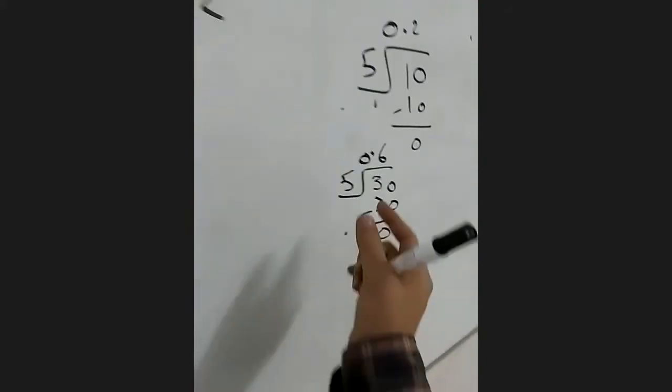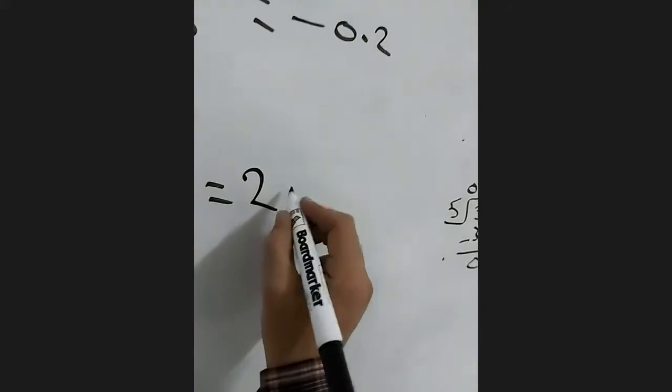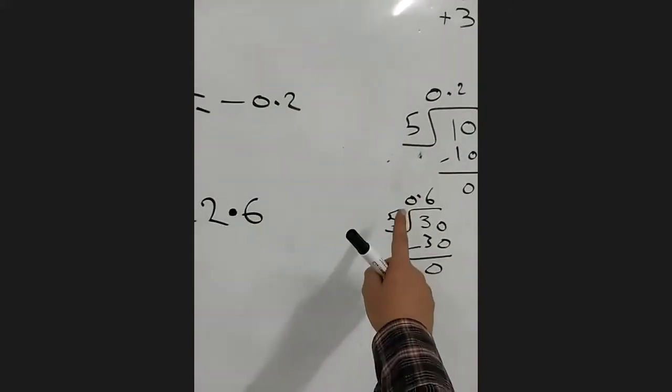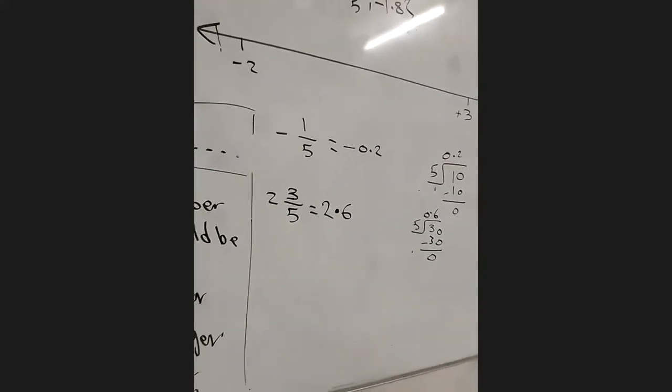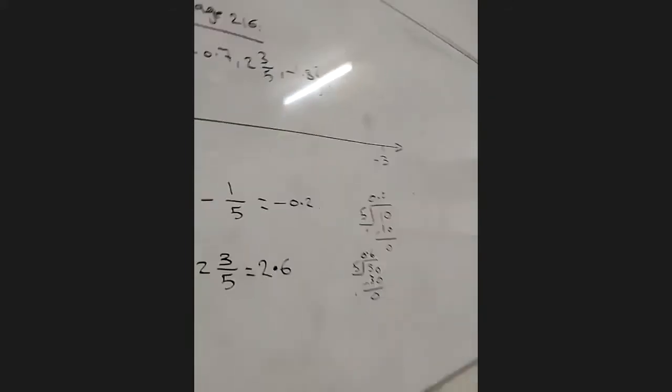We know that. So 2 and 3/5, the 3/5 is 0.6. So 2 and 3/5, it's 2.6. The 2 comes in place of the 0, okay? So it's 2.6.